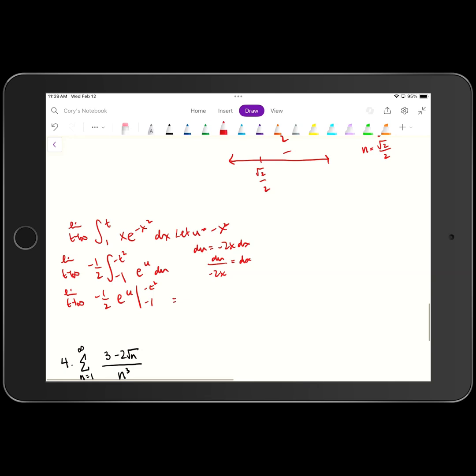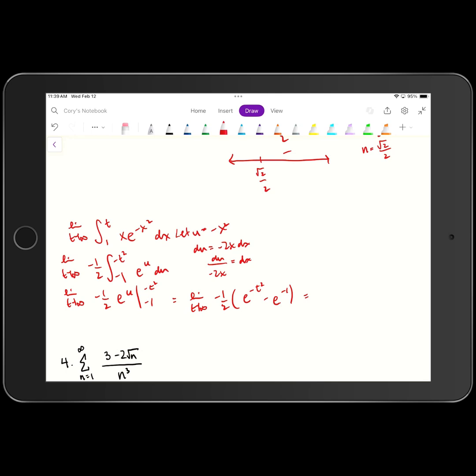So this becomes the limit as t goes to infinity. I'm going to pull negative 1/2 out front, we get e to the negative t squared power minus e raised to the negative 1 power.